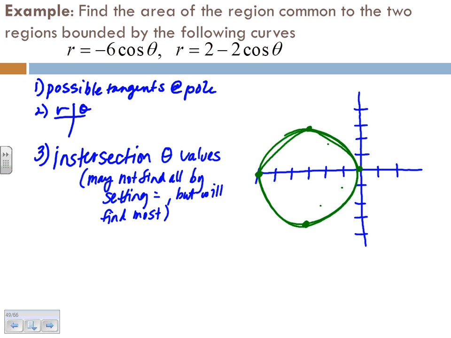Remember, as you're plotting those, it's beneficial if you put the theta values that they're equal to as you plot. So theta equals 0 straight and around the circle. It's going this way. Theta equals pi over 2.